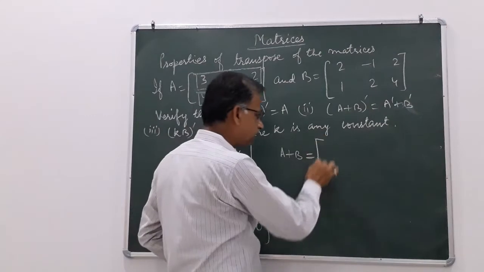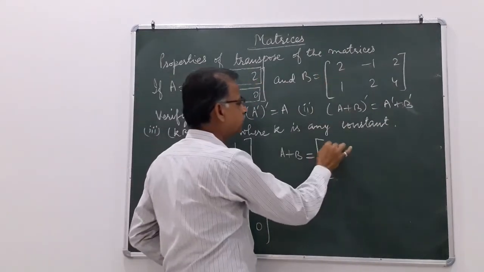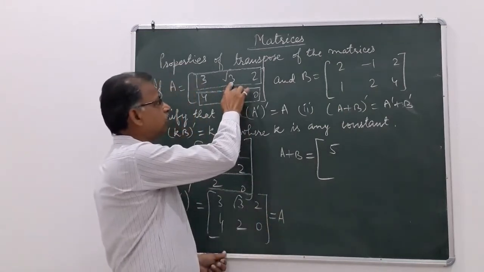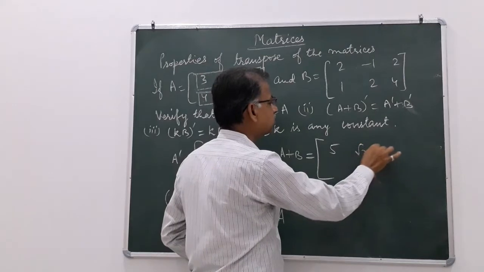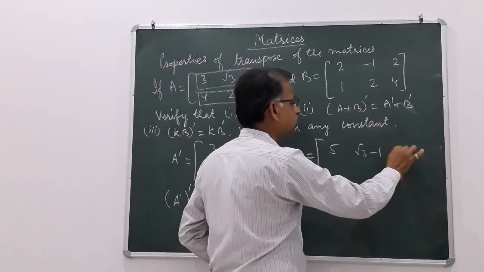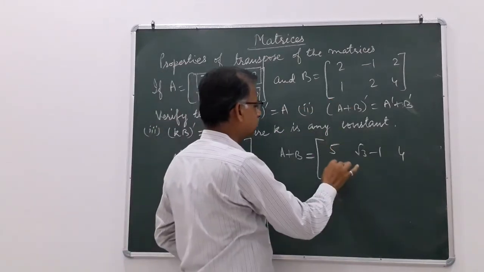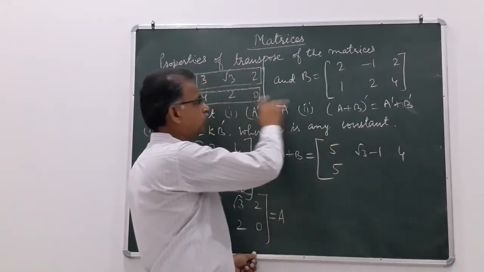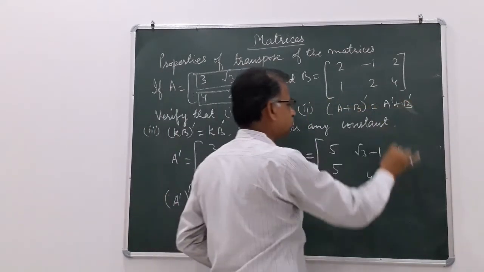So sum of A and B is 3 plus 2, root 3 minus 1, 2 plus 2, 4, 4 plus 1, 2 plus 2, 0 plus 4.